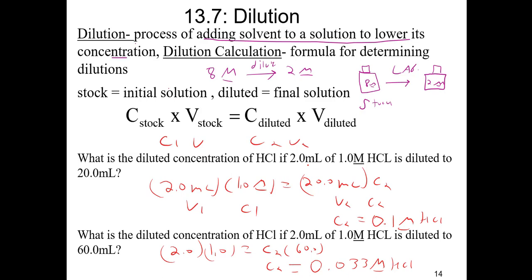I didn't do it on this one like I did on slide 15, but I'll label everything. So 2 mL of our 1.0 molarity HCl. So that's going to be V1. That's C1. And it is diluted to 20 mL, that's V2.